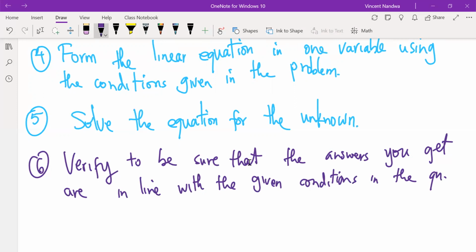So verify the answer to show that what you get is in agreement with the conditions given in the word problem.